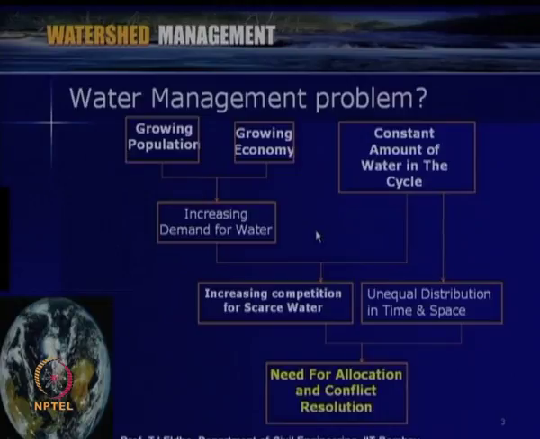As we discussed, there is unequal distribution of water in time and space. As far as rainfall is concerned, generally rain will be available for about 4 to 5 months, and in space, there is drastic variation from one location to another. Due to all these reasons, there will always be conflicts as far as water use is concerned, within a watershed or at river basin scale.